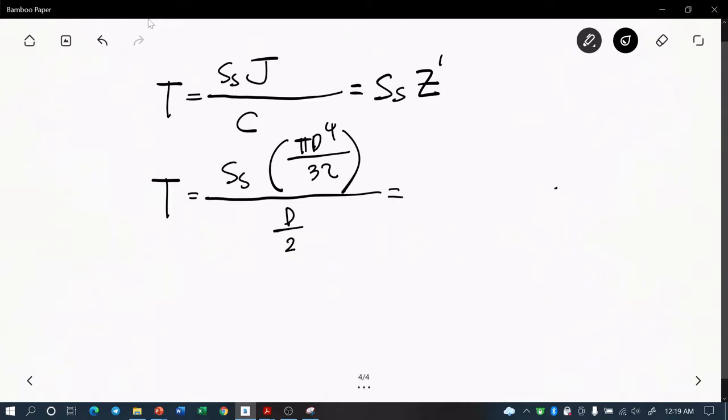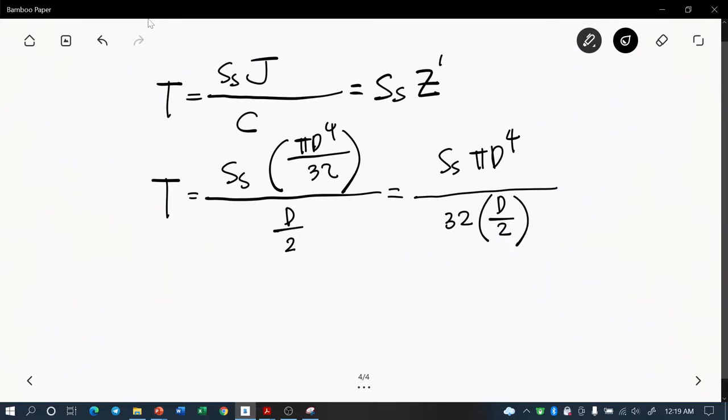Okay, so we're going to further simplify this. We have S sub S times pi d raised to the power of 4 over 32 times d over 2.